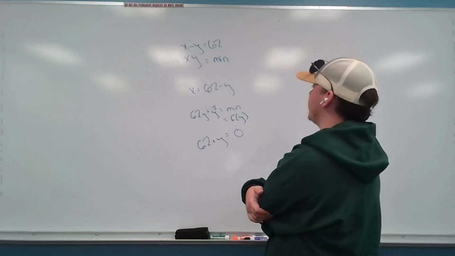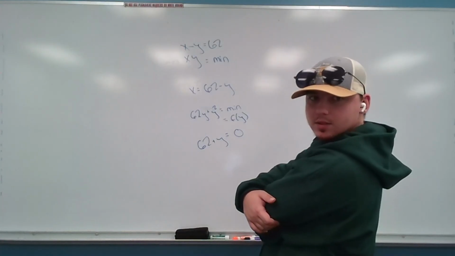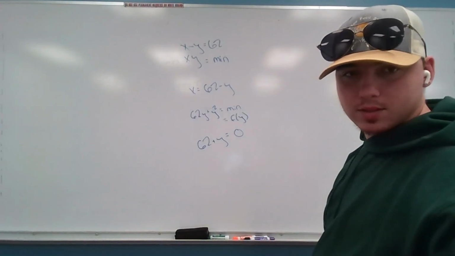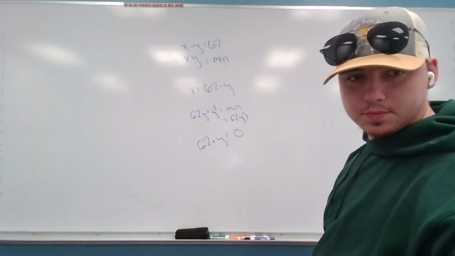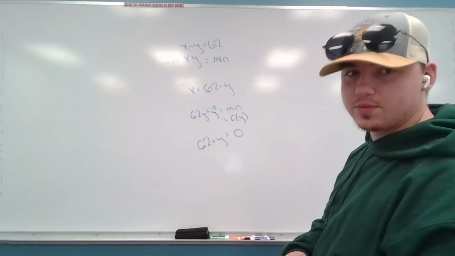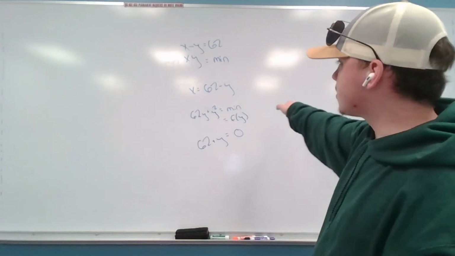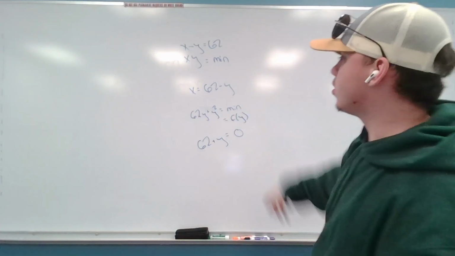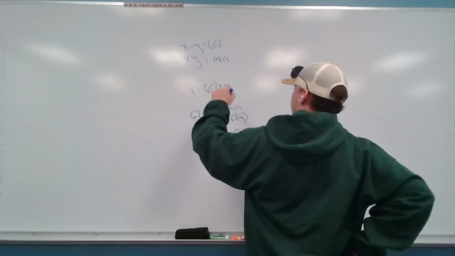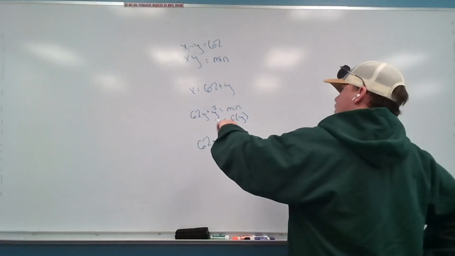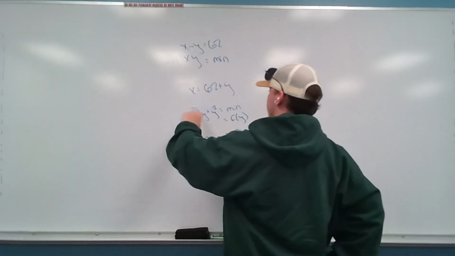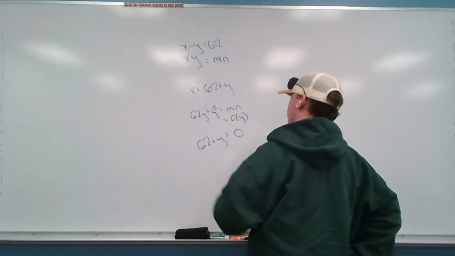I did this correctly a minute ago. We'll look at the worksheet. It was difference is 62, so x minus y equals 62. And product is a minimum, so x equals 62 plus y. And substitute that in for xy, so 62y plus y squared equals a minimum.